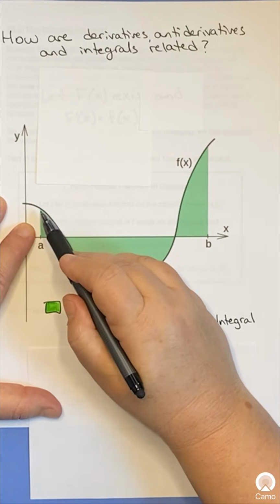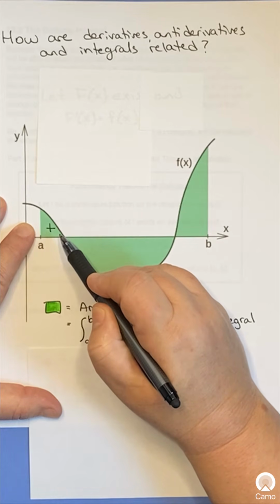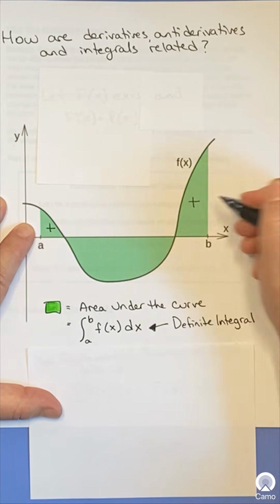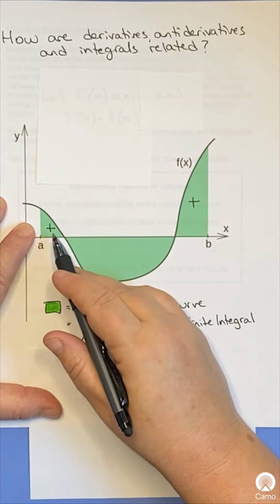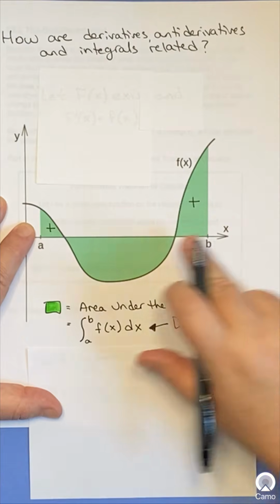But basically, this little green piece right here has an area. This other little green piece, a lot bigger green piece, also has an area. Both of these areas are considered positive because they occur above the x-axis.